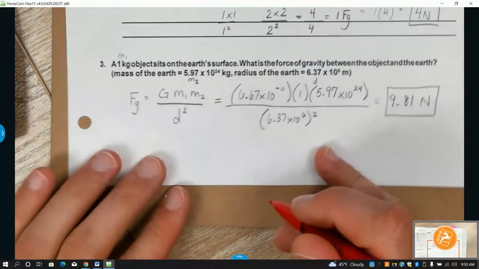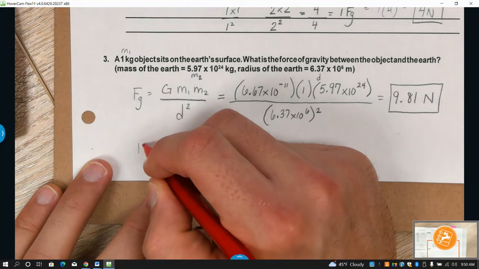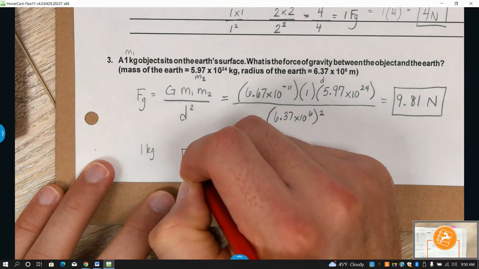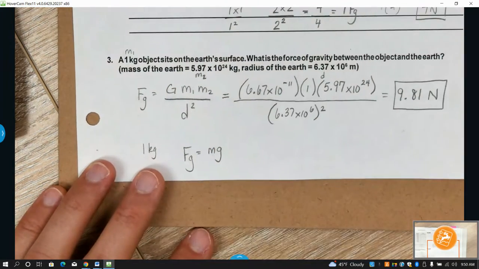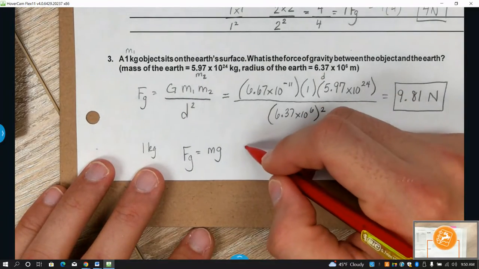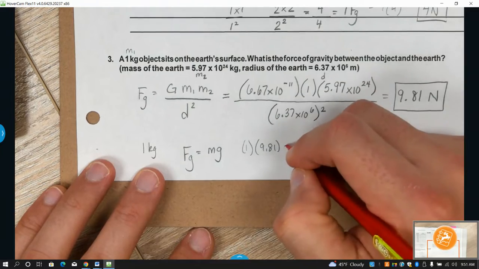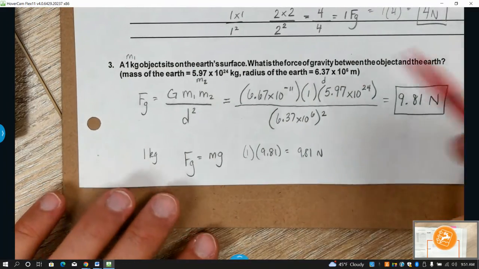So that would be almost the same question as asking, what is the weight of a 1 kilogram mass? Another way we could have found this is mg. And if g was 9.8, you'd be doing 1 times 9.8 or 9.81. You get the same thing.